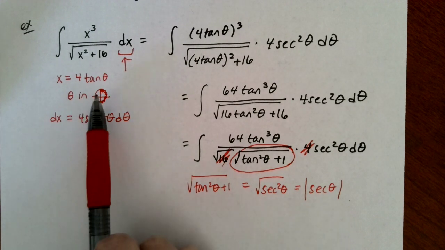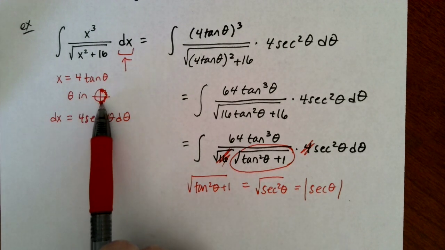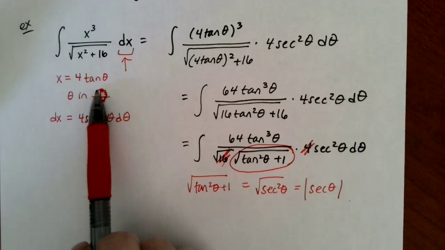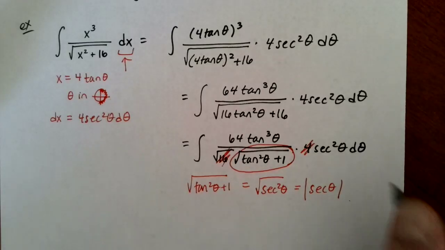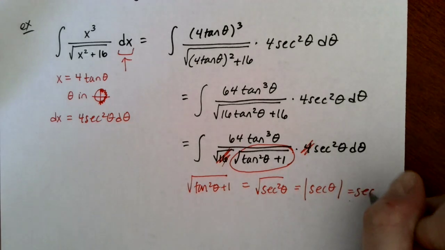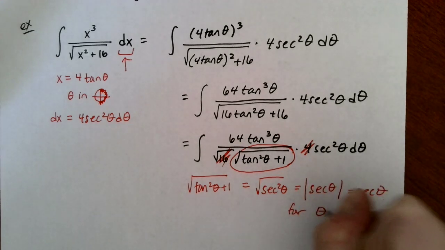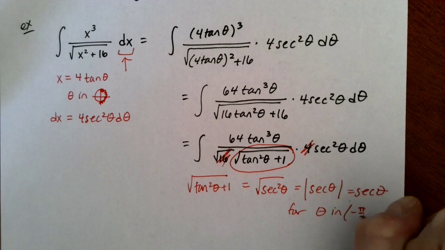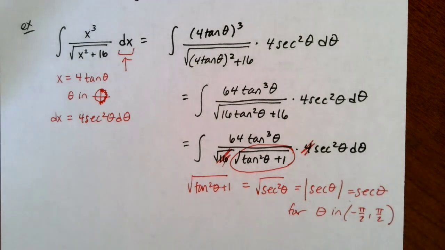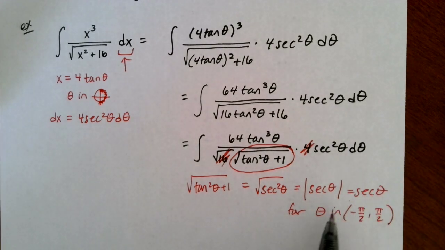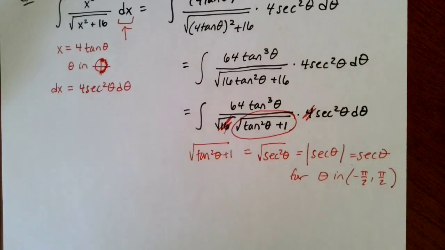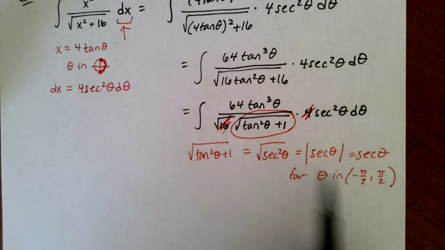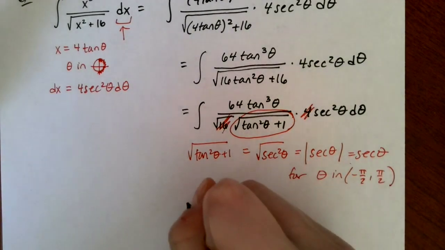And because theta is restricted to just the right half of the unit circle for this tangent substitution, all the cosines are positive, which means all the secants are positive. So I'm going to replace this with regular secant because of this limitation on theta. Right, so then this denominator, this whole thing that I've circled in red, boils down to secant.